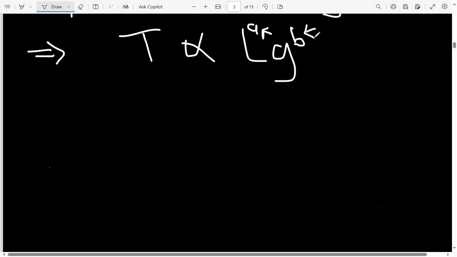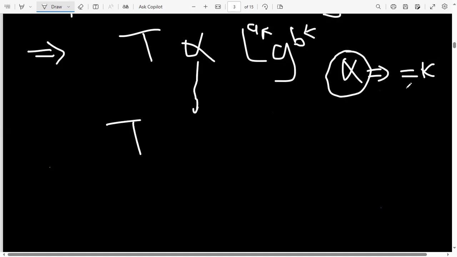Another thing to note here is that this proportionality symbol is always replaced with an equal sign and K. So this symbol here is the same as equals, and then you put K in front like that. So T equals K, L to the power A, and then G to the power B.